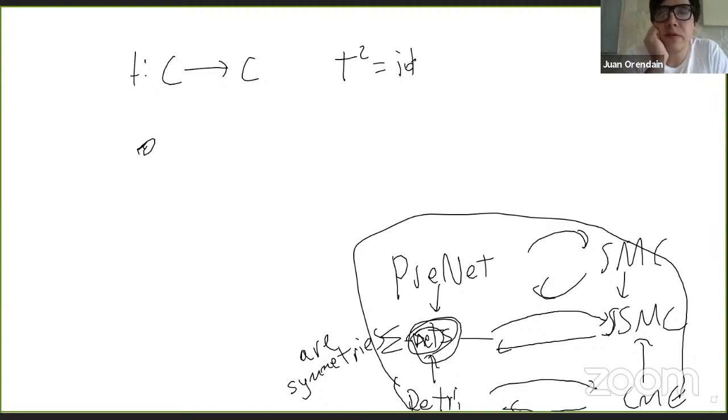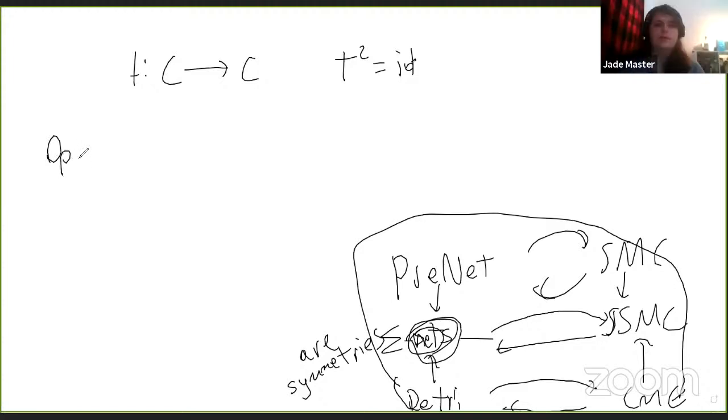Is there a way to open Petri nets in different directions, not just in the domain and codomain direction? Suppose, well, I don't know. It's a very vague question, I'm sorry. Well, open Petri nets is, I think, a dagger category.